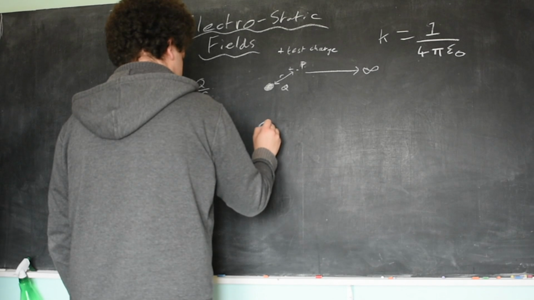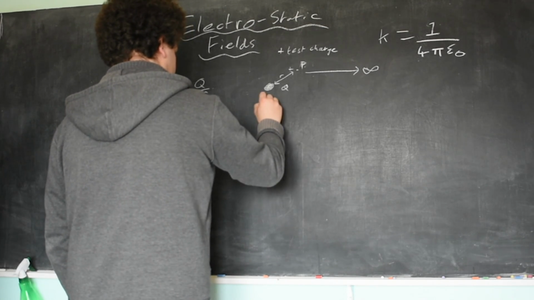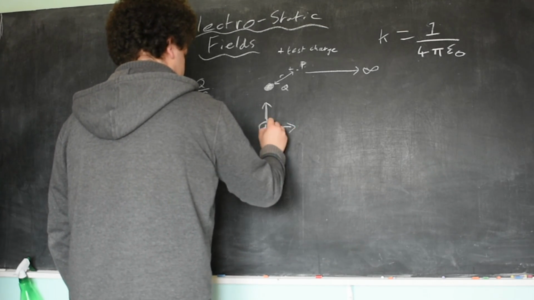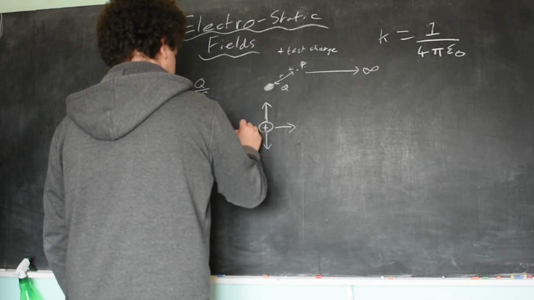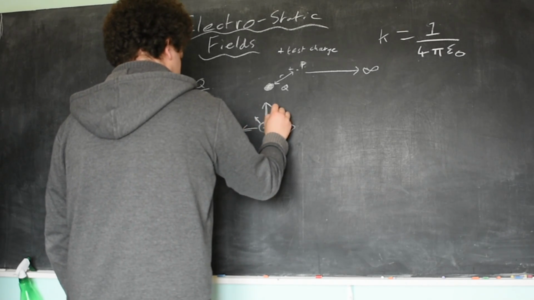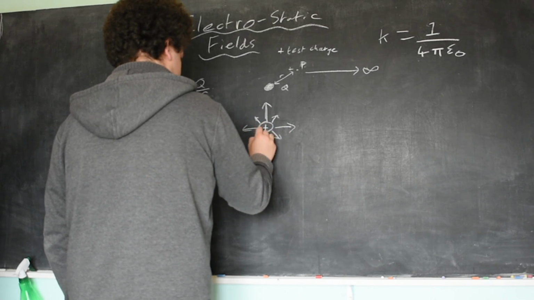Because if you wanted to find the force between two charges, you just times the field strength by the other charge and you would get the force between the two charges.